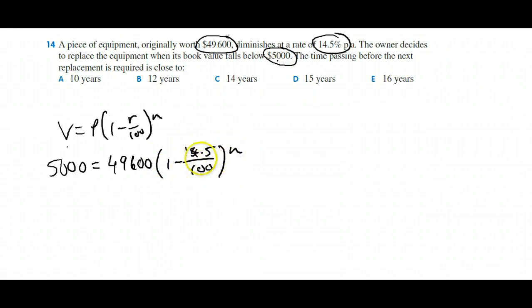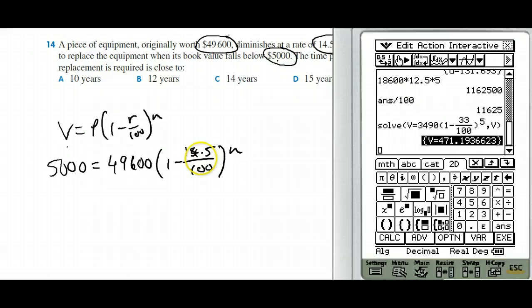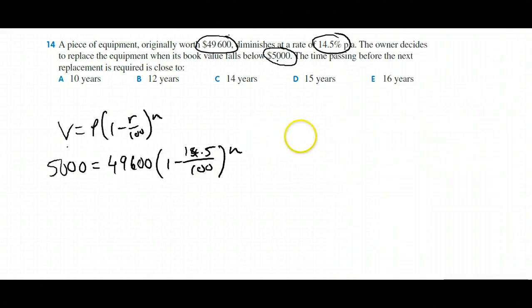And then we don't know N. Let's put that into the calculator. We use the old one that we had up here. V is 5,000. This is 49,600. This is 14.5. And N is our unknown. Okay, we get N equals 14.65.